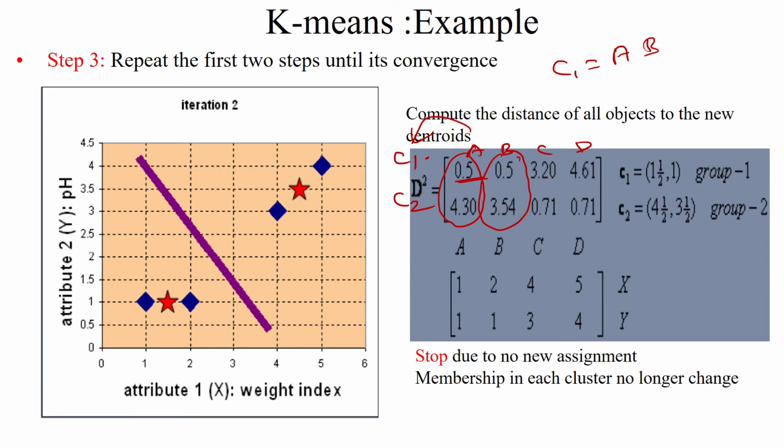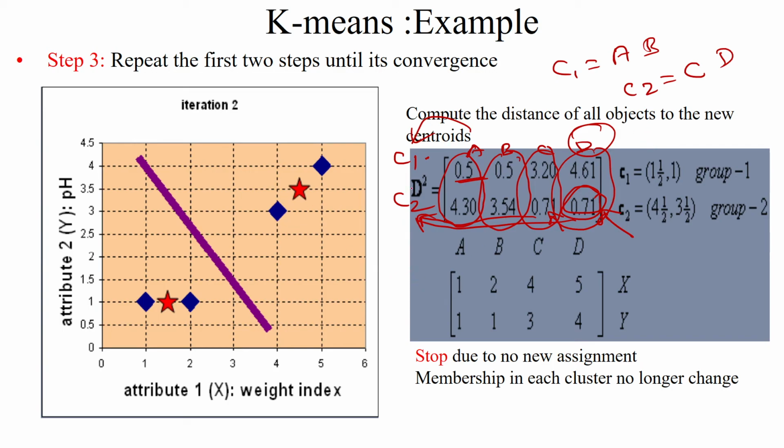Next, 0.71 is the minimum distance, so C is assigned to C2. Data point D has the minimum distance, close to cluster center C2, so D is assigned to cluster 2.